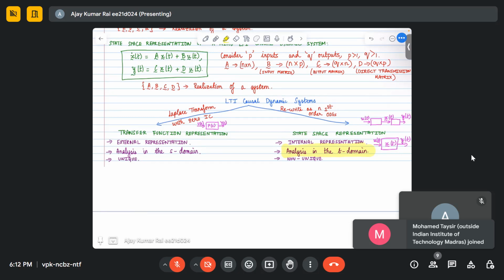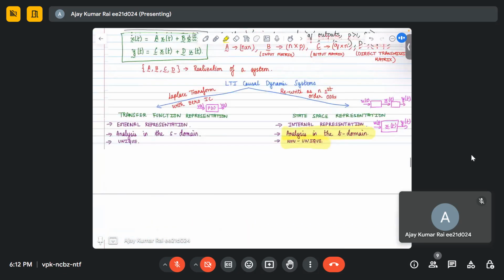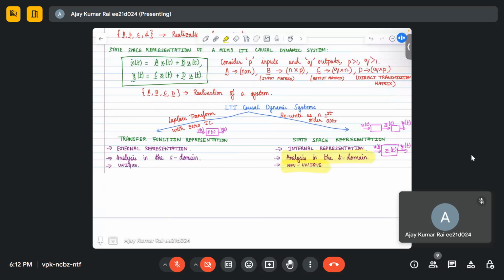But in this case it is non-unique, in the sense that it depends on what state variables you choose. If you choose different state variables, you will get a different number of first order equations, and based on that your plant will differ. But ultimately what you want to do is to control, right?